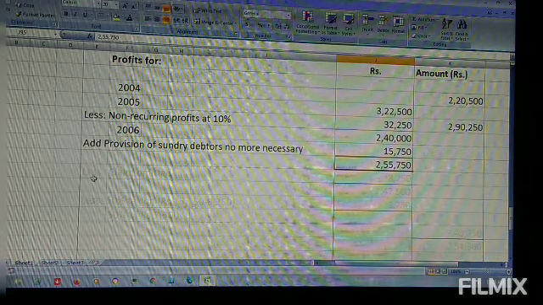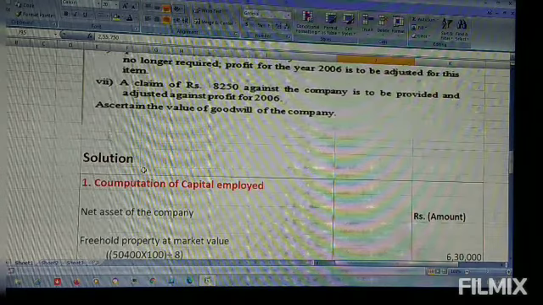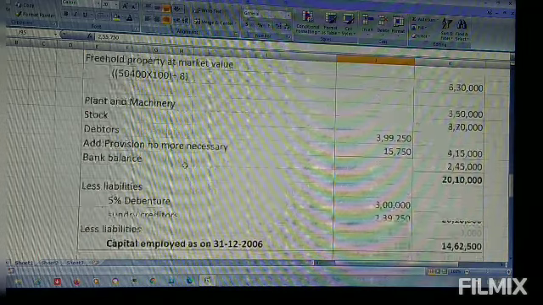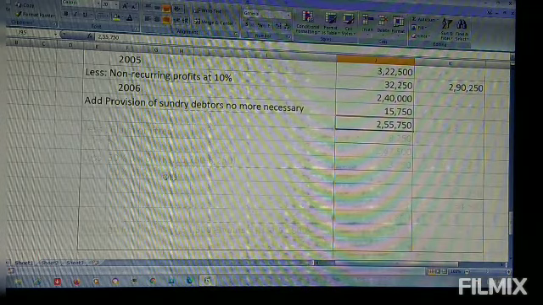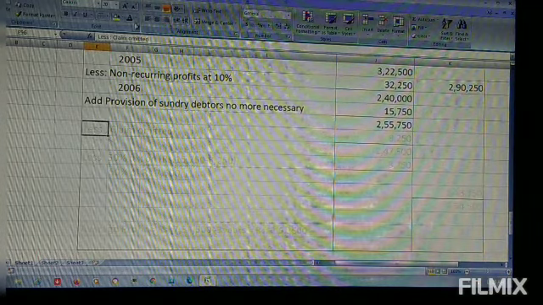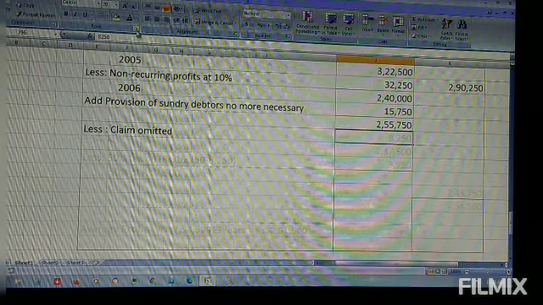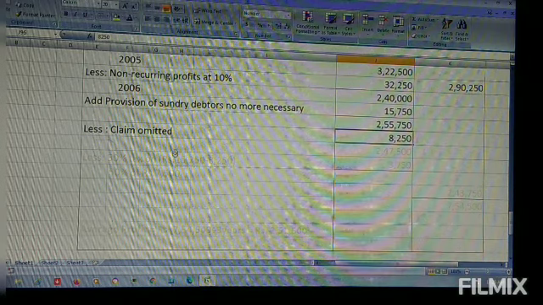Then the last point, the seventh point: a claim of rupees 8,250 against the company is to be provided and adjusted against profit for 2006. This claim is to be deducted from the profit. So it is a claim, and you deduct 8,250.